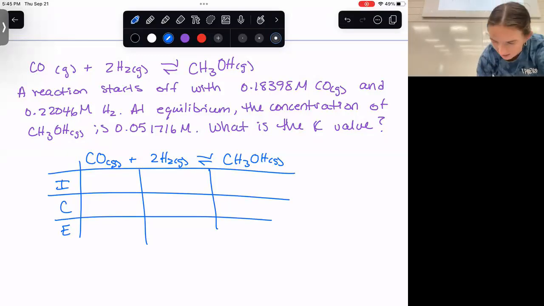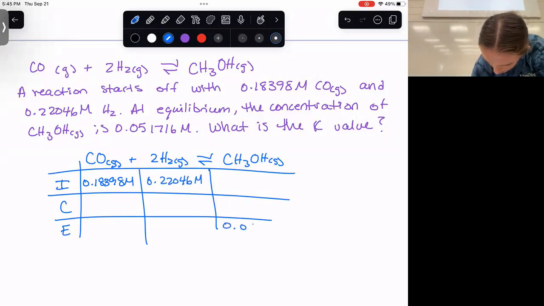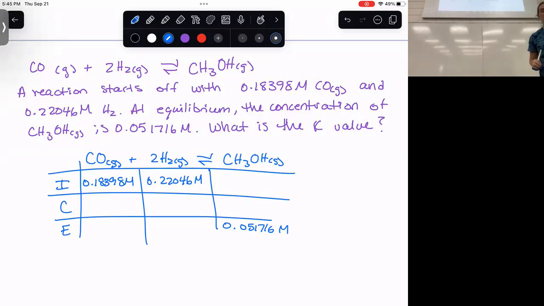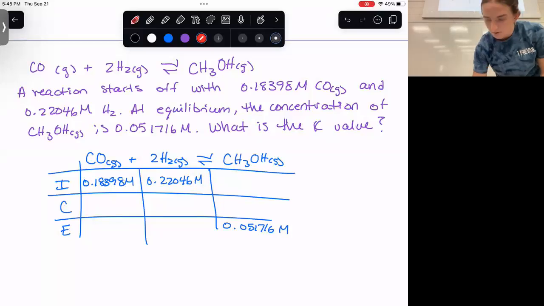So we know that we have those values there. Does that look correct? Okay. What else can we fill in from this chart? What is our initial concentration for methanol, CH3OH? It would be 0, right? We're not given an initial concentration. If we're not given one, we can assume that it's 0.